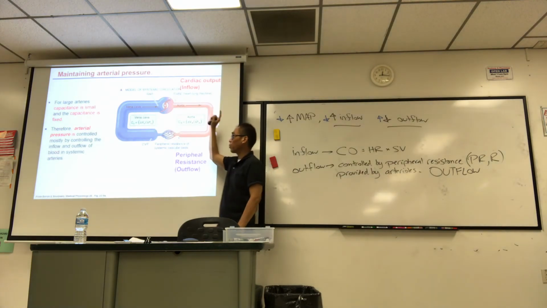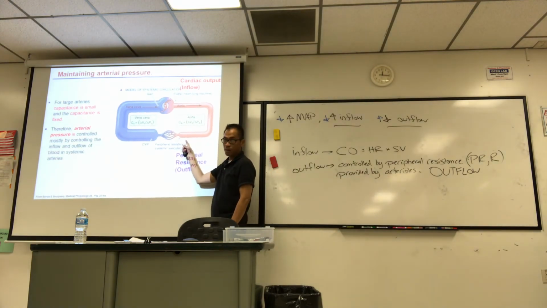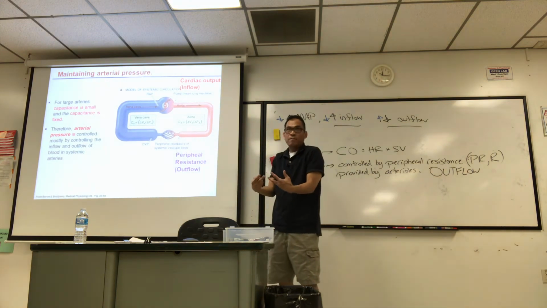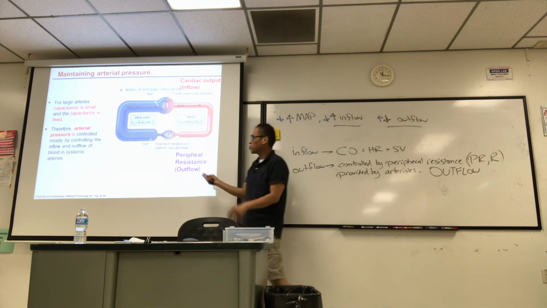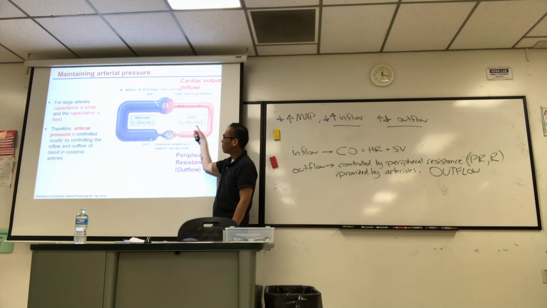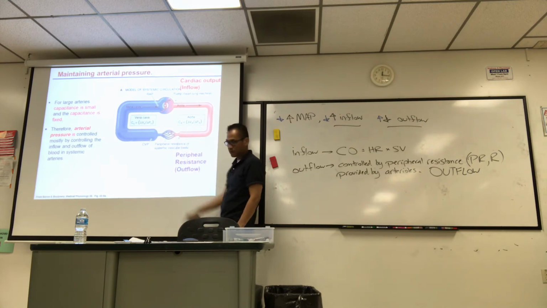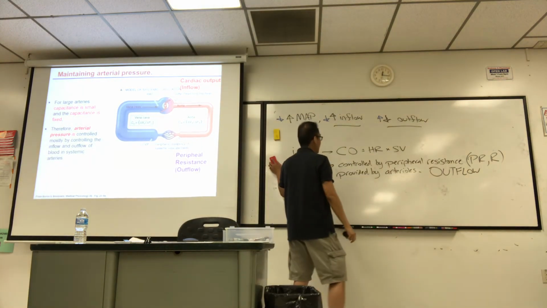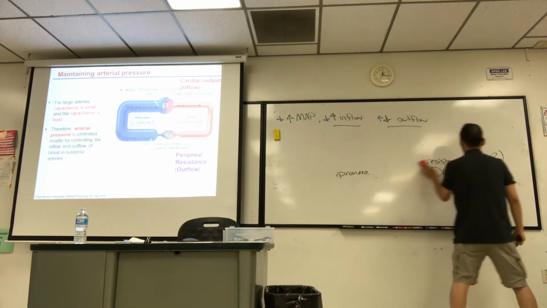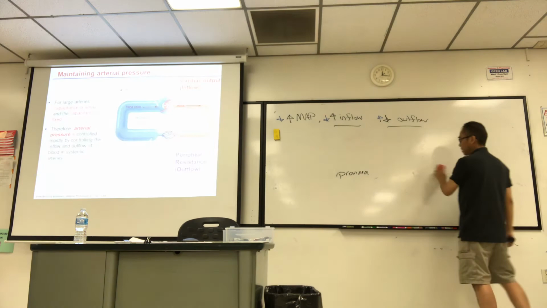It's maintained by controlling what's going in and what's coming out, because the artery is already a stiff vessel, and it's already pretty much at full capacity, so you really can't change that. You can just control letting the blood out, letting the blood in. So that's why they have this CVP thing here, and you already know that. Let me prove to you that you know that.